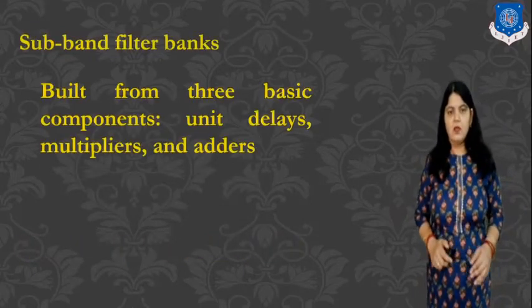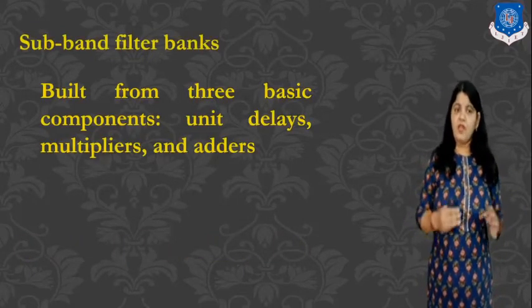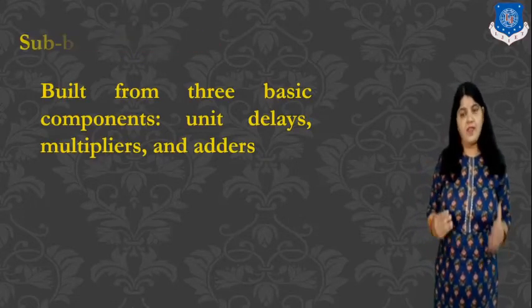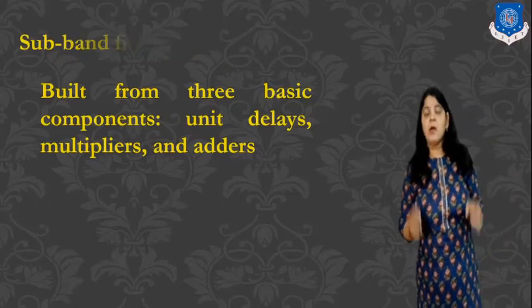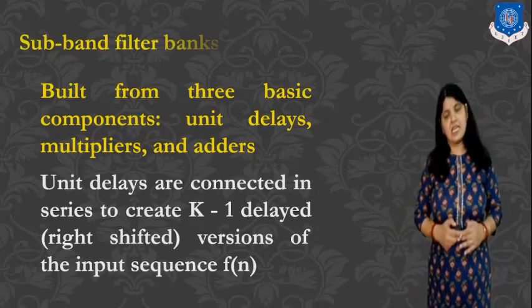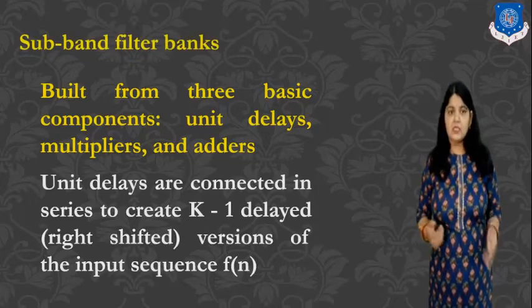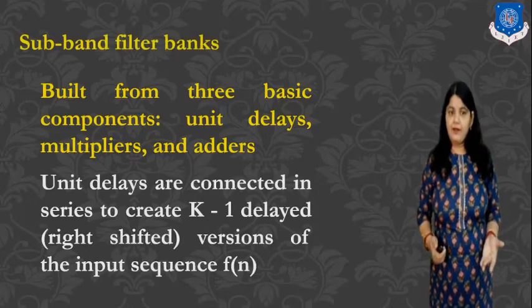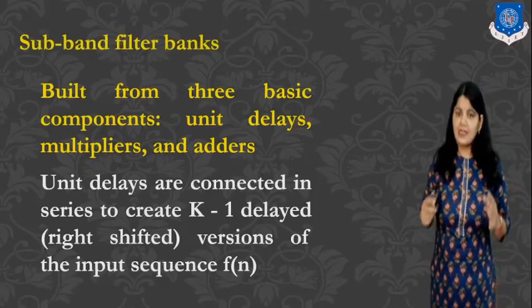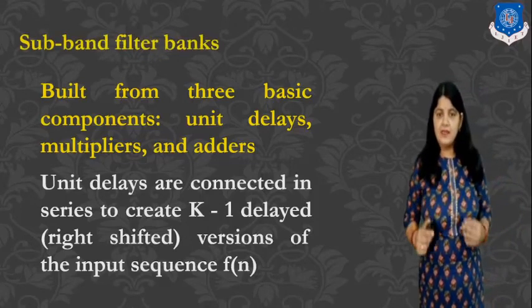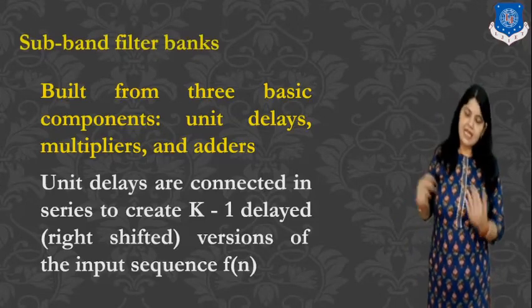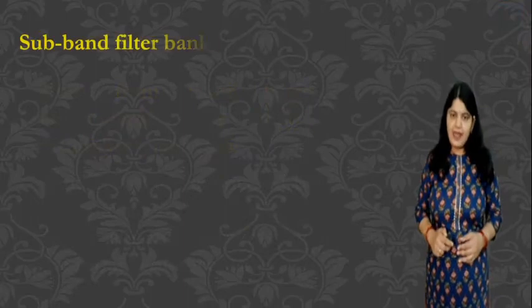So now it is built from 3 basic components. What are they? They are the unit delay, multipliers and the adders. These 3 blocks can be used to make the subband filter bank. The unit delays are connected in series to create k minus 1 delayed versions of the input sequence, as we have seen in the diagram.